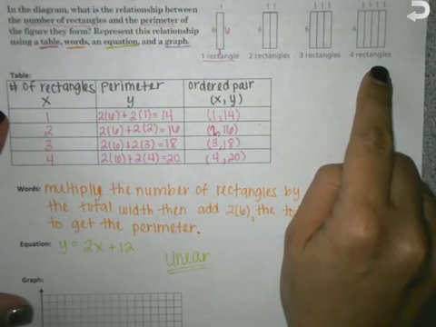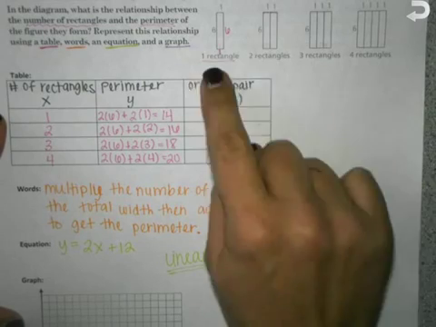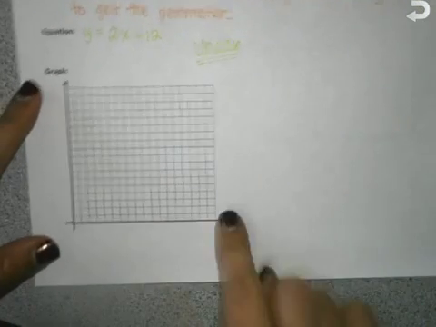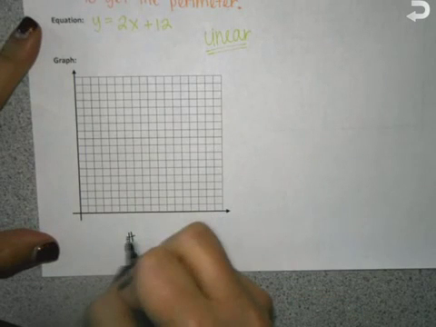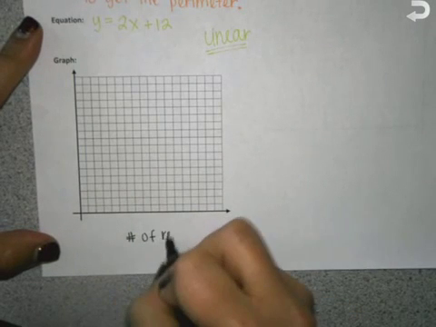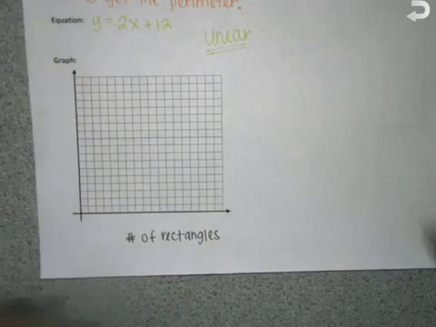Can you have 1.5 rectangles? No. Can we do 1 3/4 of a rectangle? No. We were only counting full rectangles, okay? So our x-axis, let's label it, was the number of rectangles. Our y-axis was the perimeter.